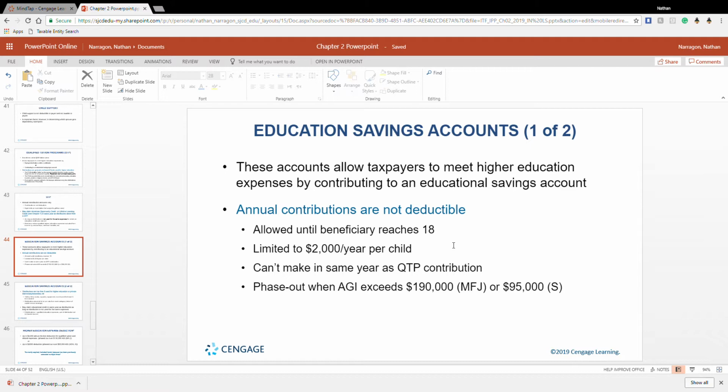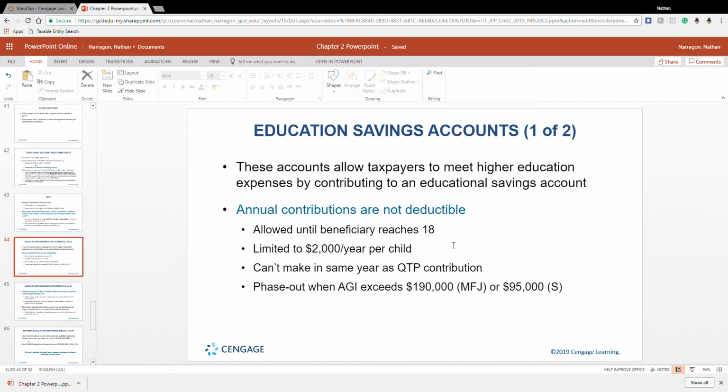So with these ESAs, you have to watch out. Limit is $2,000 per year per child. You can't make it in the same year as a QTP contribution. So it's either or.